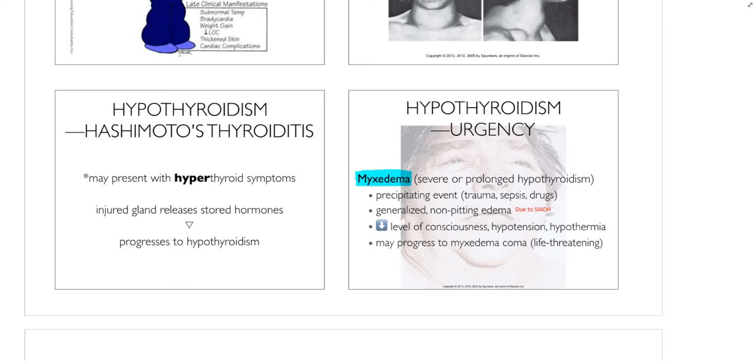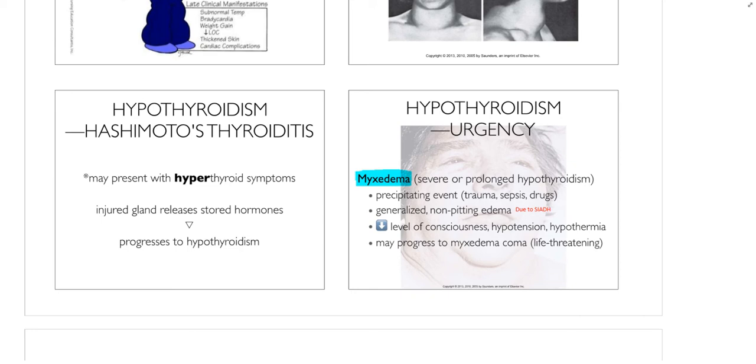And with that comes a generalized non-pitting edema, which actually is due to the release of, and you guys might cover this in acute, the syndrome of inappropriate ADH release. So basically that means you've got an excess of vasopressin, or an excess of ADH, same thing.